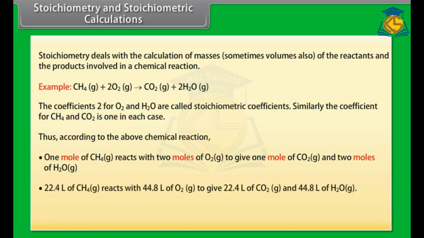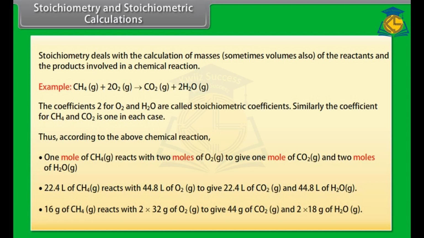22.4 liters of CH4 reacts with 44.8 liters of O2 to give 22.4 liters of CO2 and 44.8 liters of H2O. 16 grams of CH4 reacts with 2 × 32 grams of O2 to give 44 grams of CO2 and 2 × 18 grams of H2O.